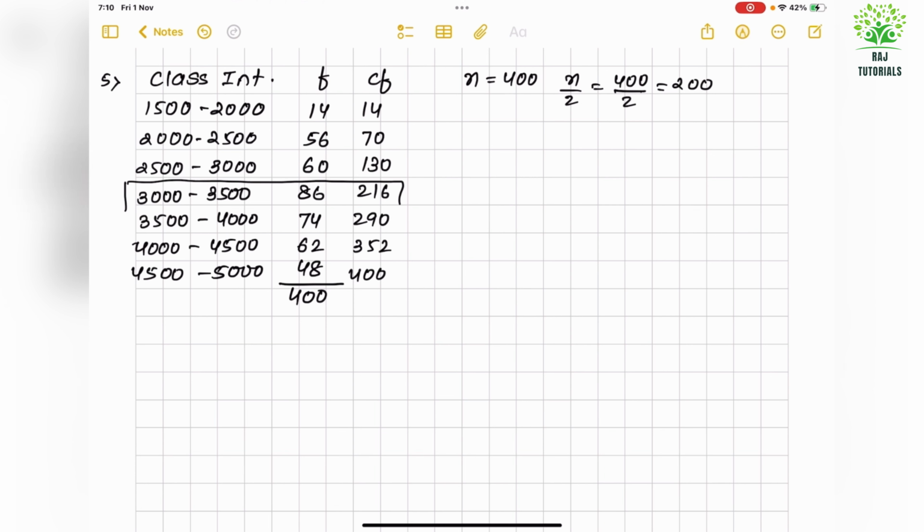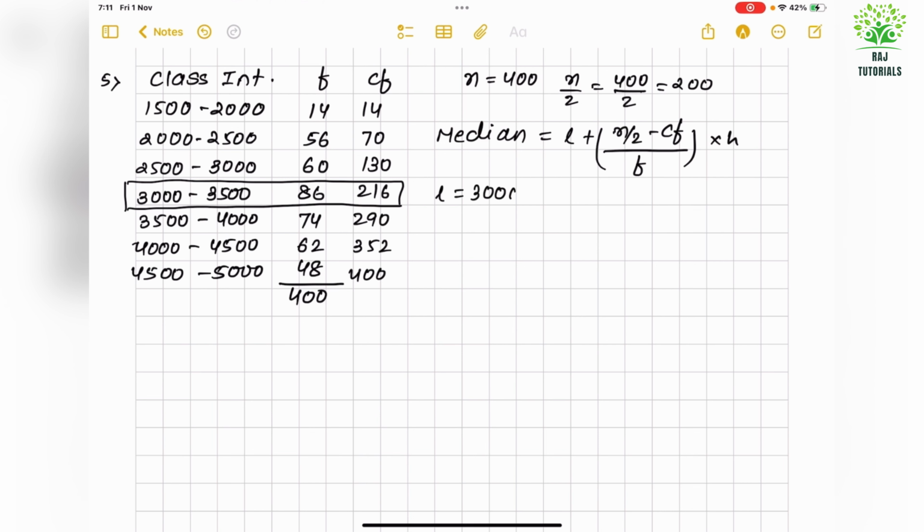The value will come in this observation or this median class. So median equal to L plus n by 2 minus CF upon f into h. So here L is 3000, f is 86, CF is 130.